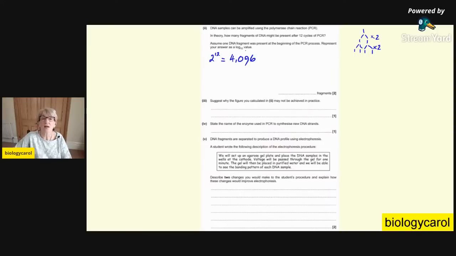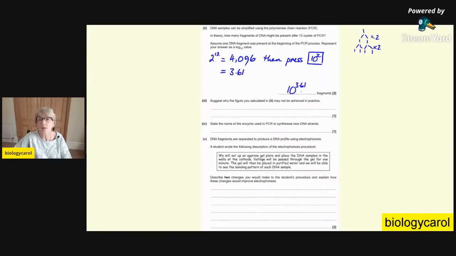Represent your answer as a log 10 value. Well, this is where I went to my calculator, because then I pressed the 10 to the power X button on my calculator, and that gave me 4,096 as 10 to the power of a particular number.